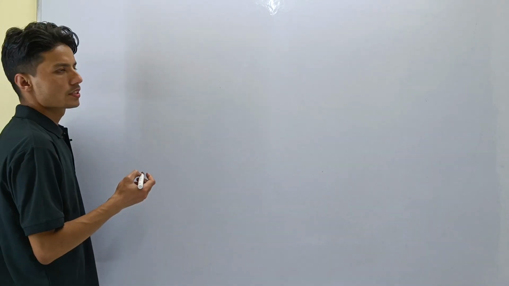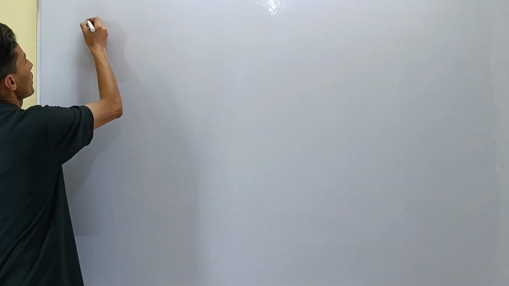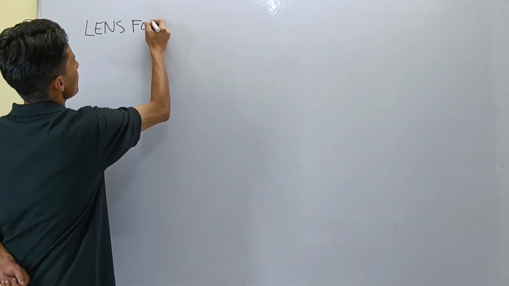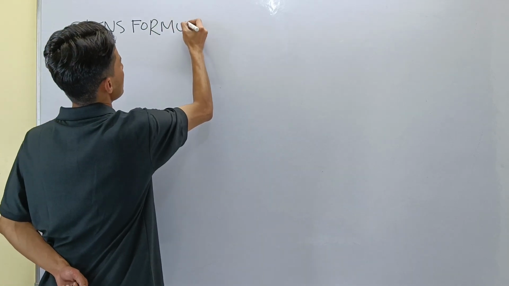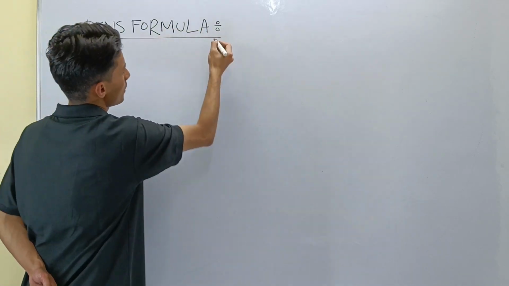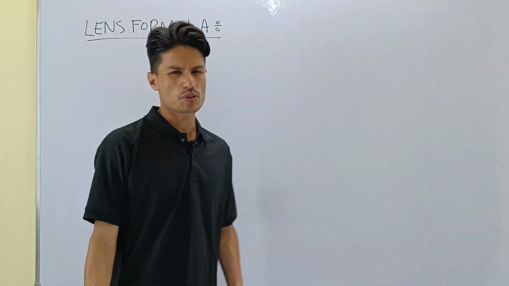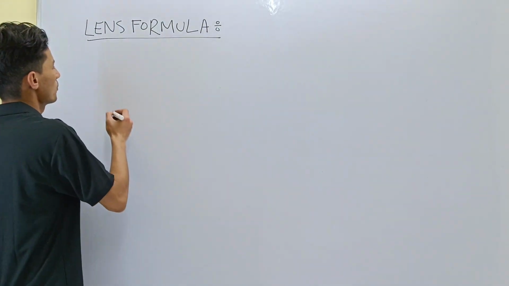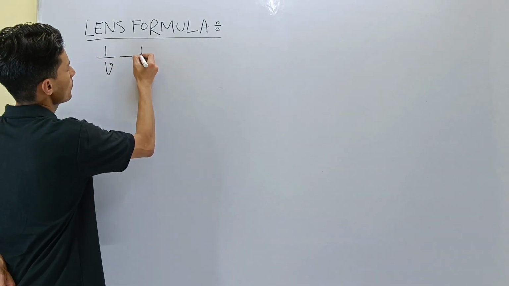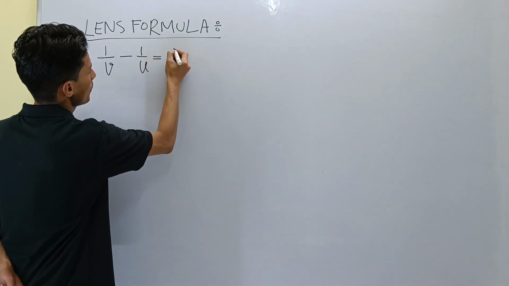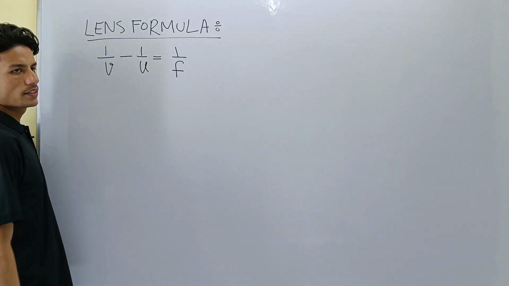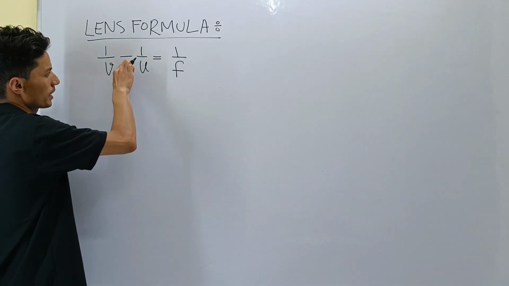So let me tell you the lens formula now. It's 99% similar to the mirror formula. There's only one small difference. The lens formula goes like this: 1 by V minus 1 by U is equal to 1 by F. The only difference here is this negative sign.